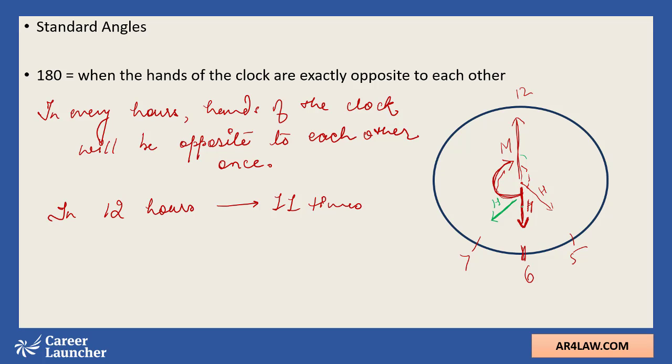So again, between 5 to 7, we observe that it's only at one time that the hands of the clock are making an angle of 180 degrees, and that is happening at exactly 6 o'clock.